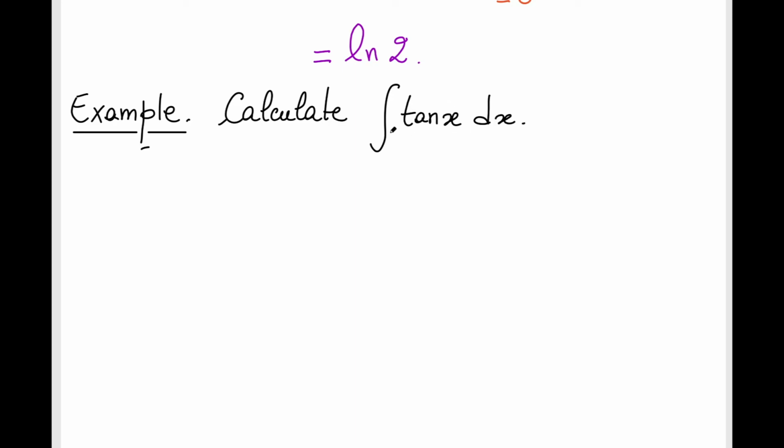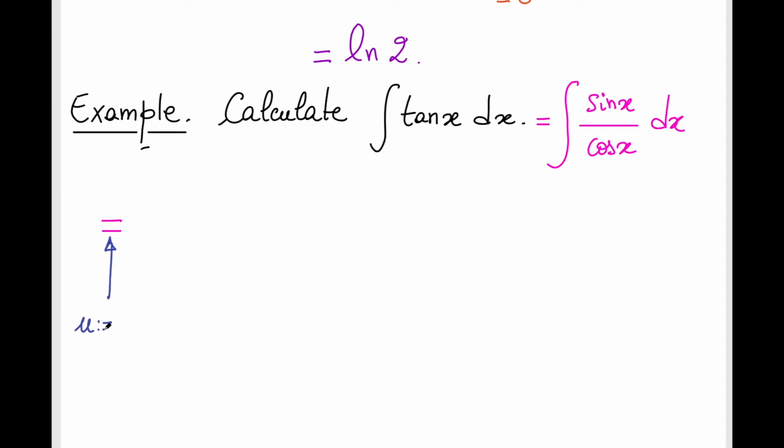I'm going to look at tangent of x as sine of x over cosine of x. This identity we know from trig, right? dx. And this is equal to, I'm going to do a substitution.